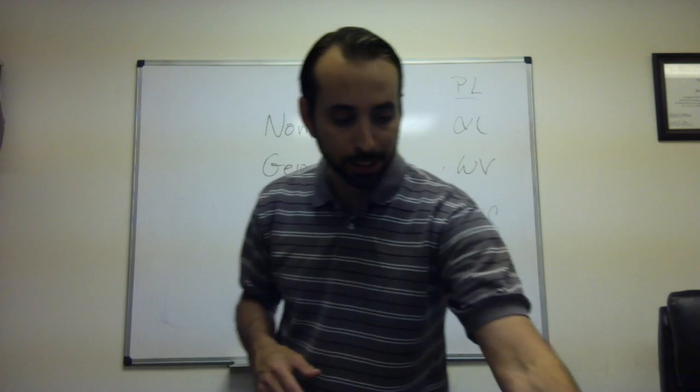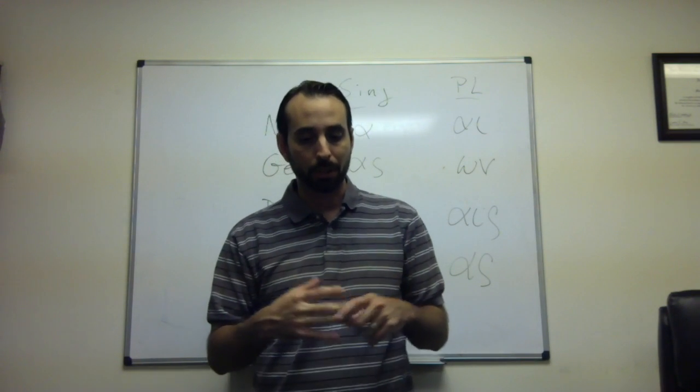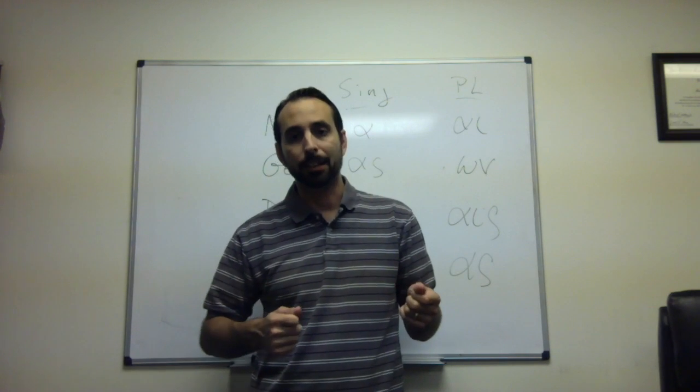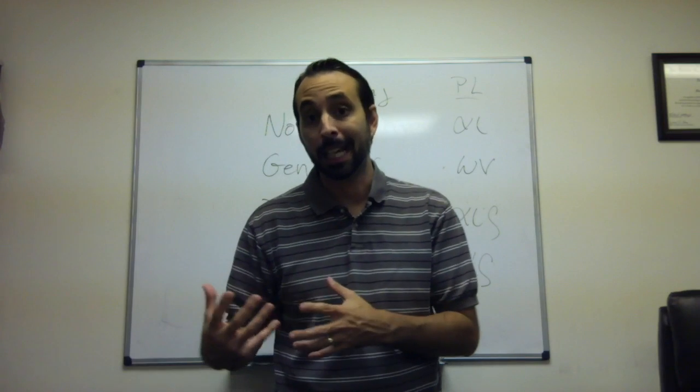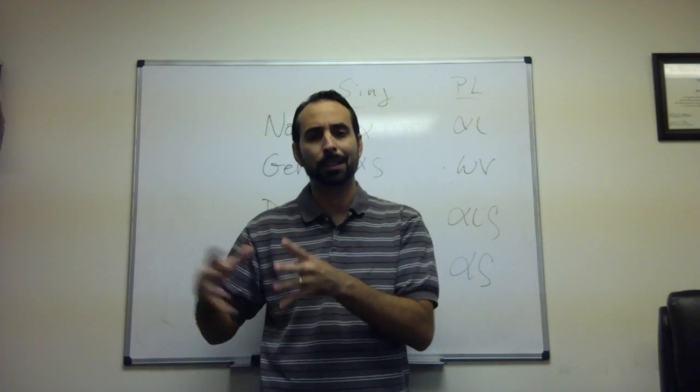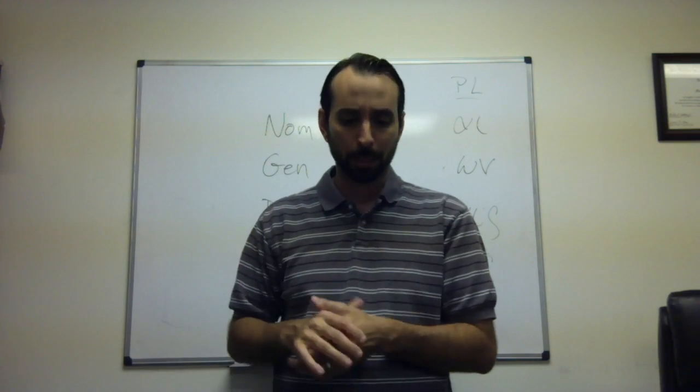Now, the first declension, which is what Chapter 5 is all about, is made up of vowels. In all of the morphology endings, most of them have either an alpha or an eta. There's one that's kind of mixed up, you'll see at the end, but it's an alpha or an eta all the way through.